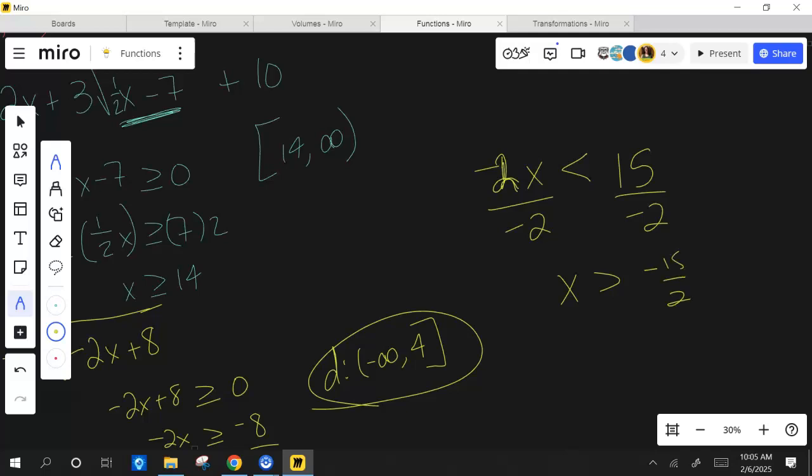Any time you multiply or divide by a negative number, it flips. That's only when there's an inequality sign. Anytime you multiply or divide by a negative number in an inequality, the sign flips.